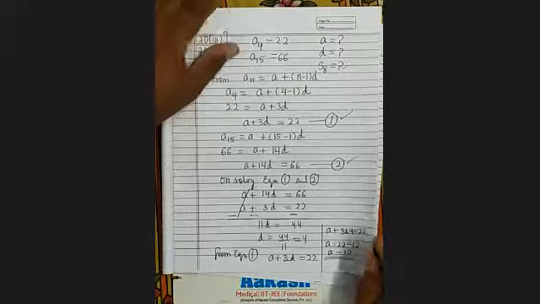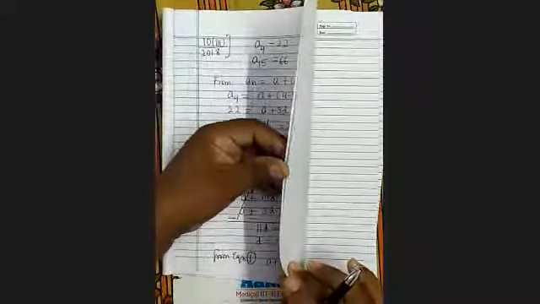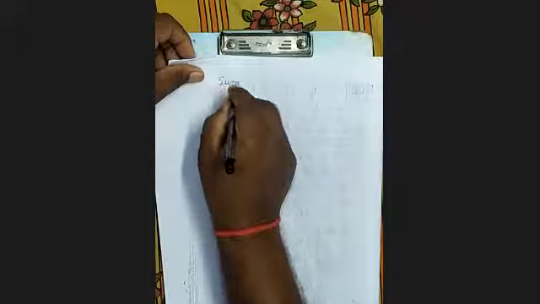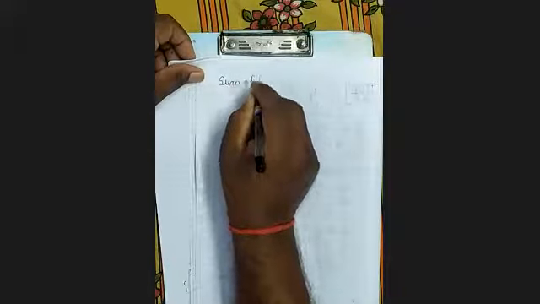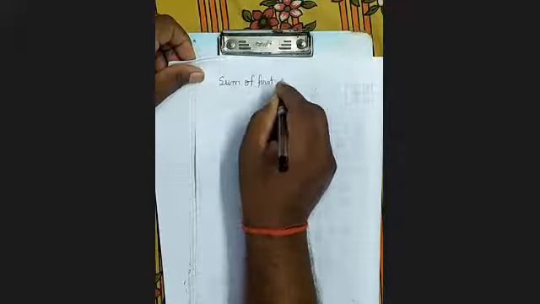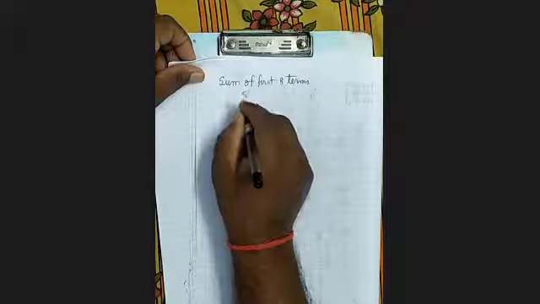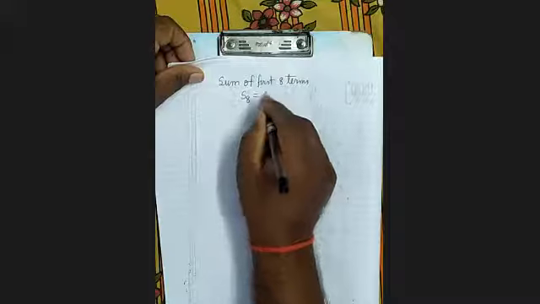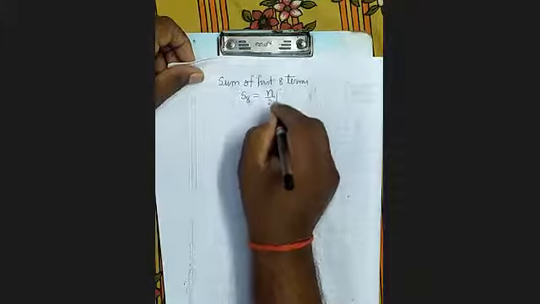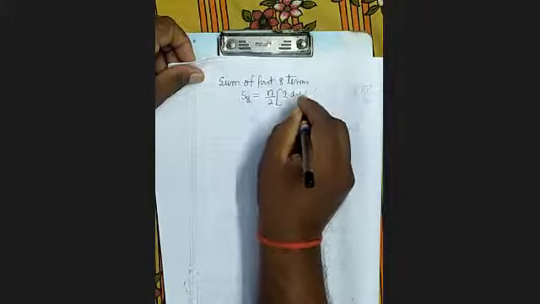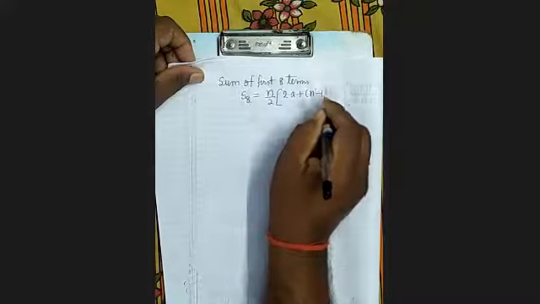What will be S8 here? Now, sum of first 8 terms. S8 equals n by 2 into 2a plus n minus 1 into d.